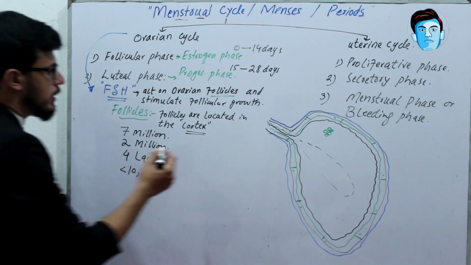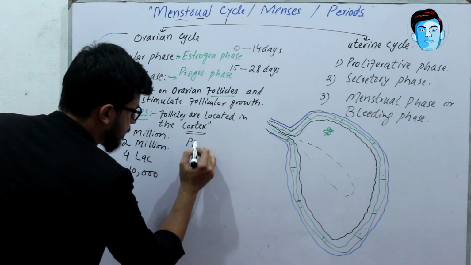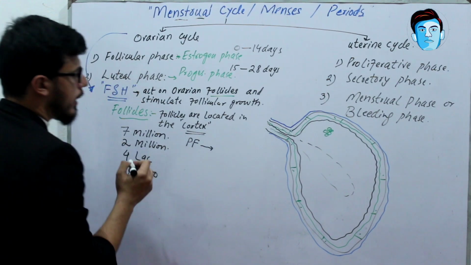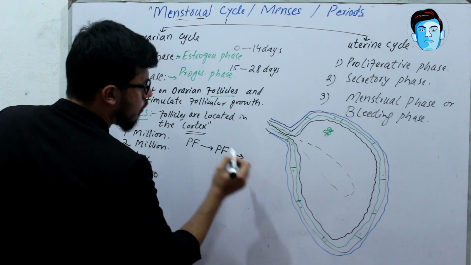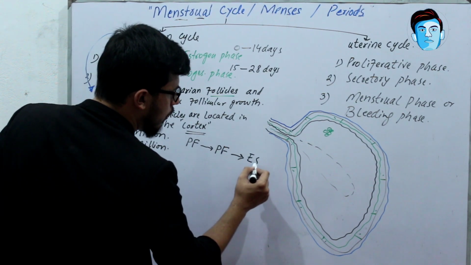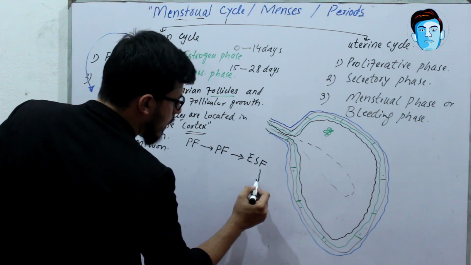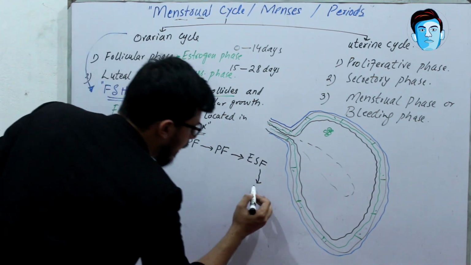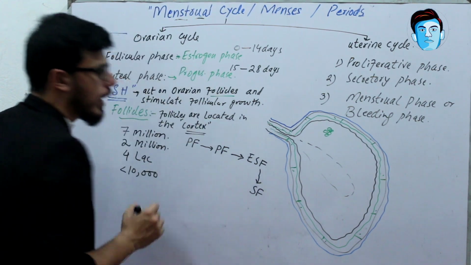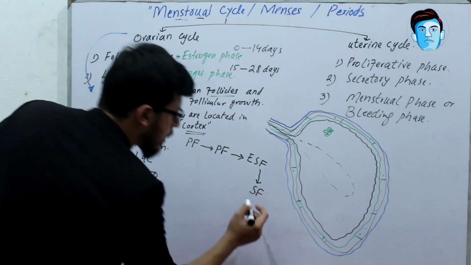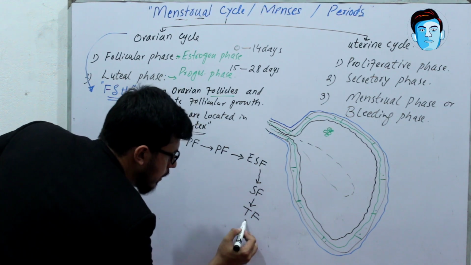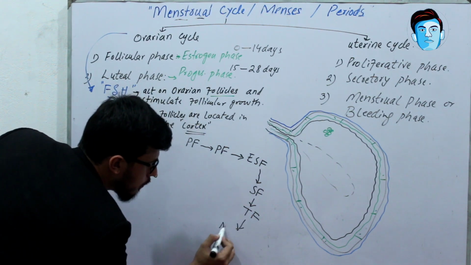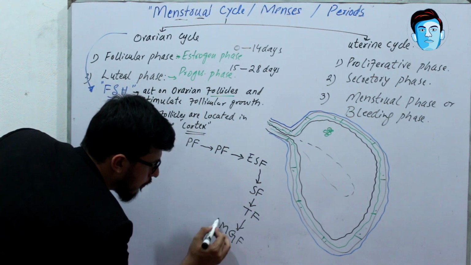Now initially there are primordial follicles, which convert into primary follicles, and then into early secondary follicles. Early secondary follicles convert into secondary follicles, which are also called antral follicles, and these convert into tertiary follicles, and ultimately tertiary follicles convert into mature Graafian follicles.